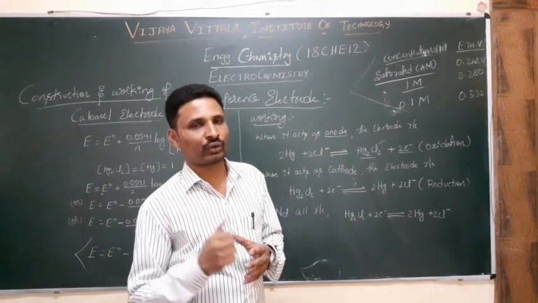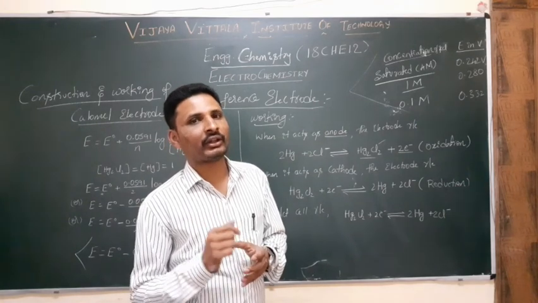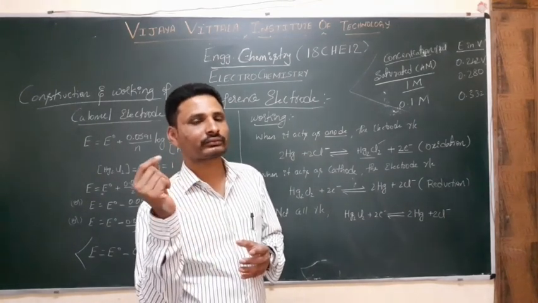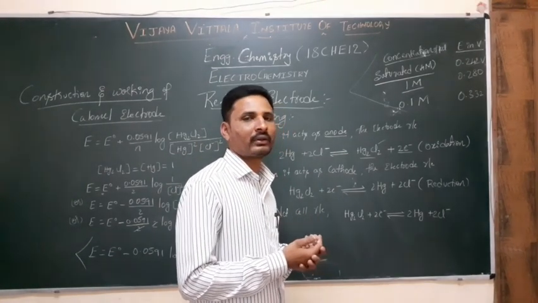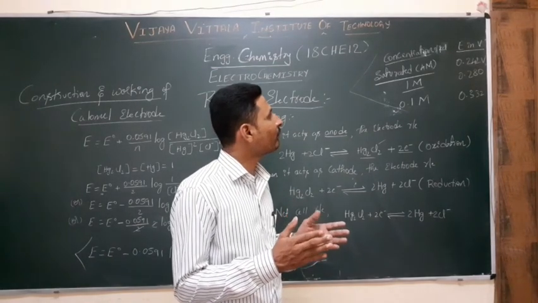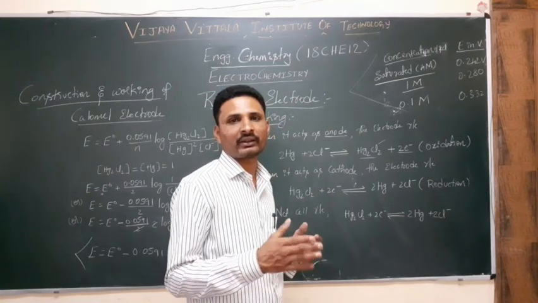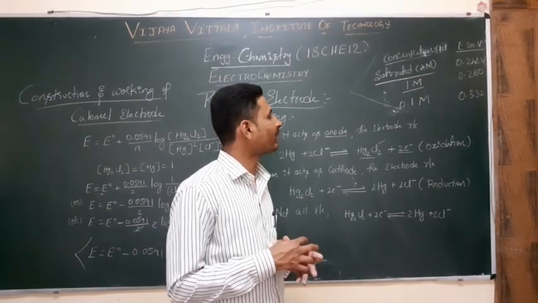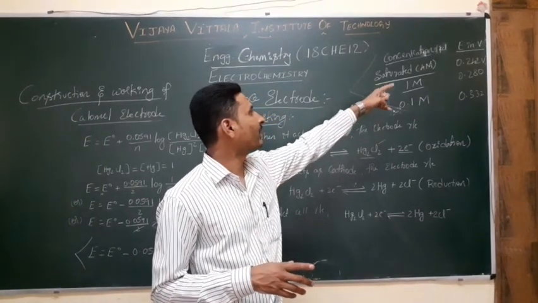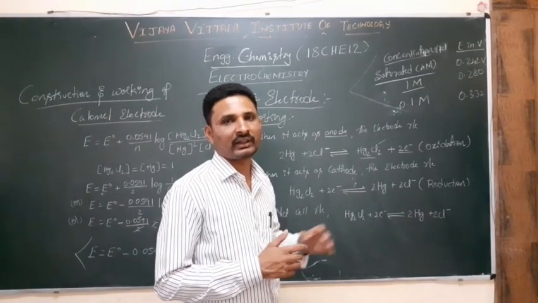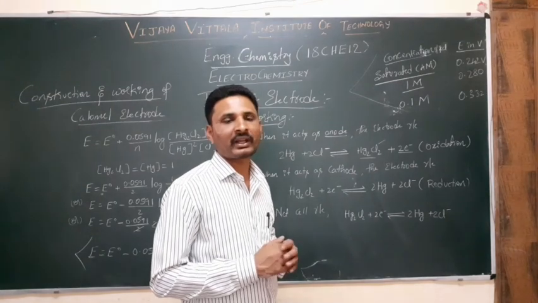If the other electrode has an electrode potential value more than this, say 0.8 or 1.0, then this saturated Calomel electrode acts as an anode.